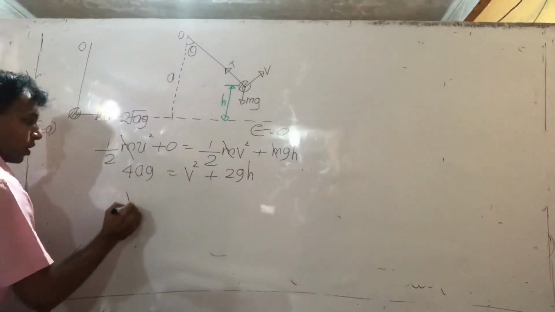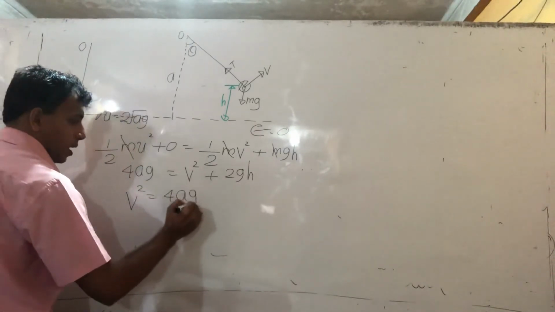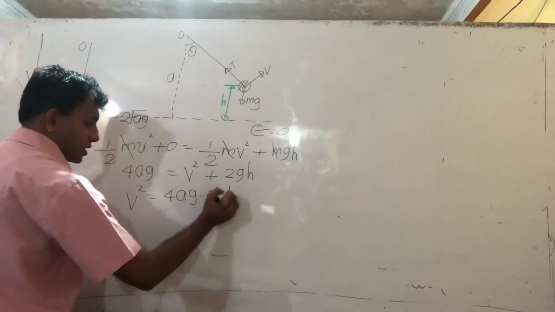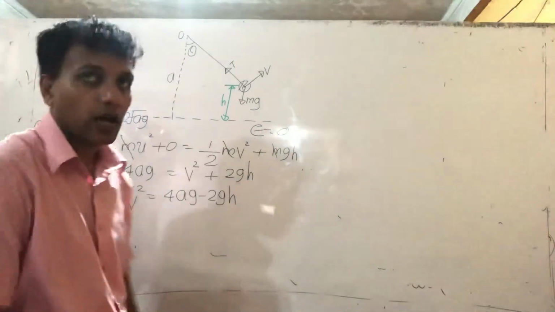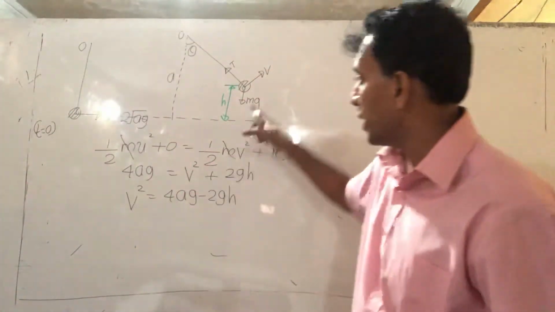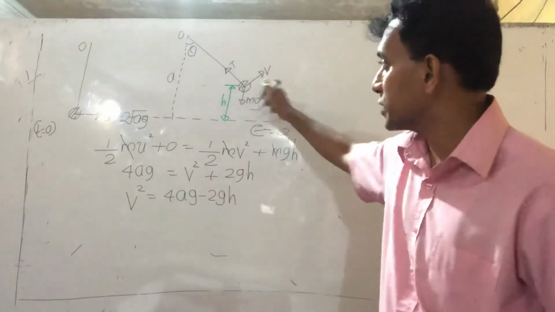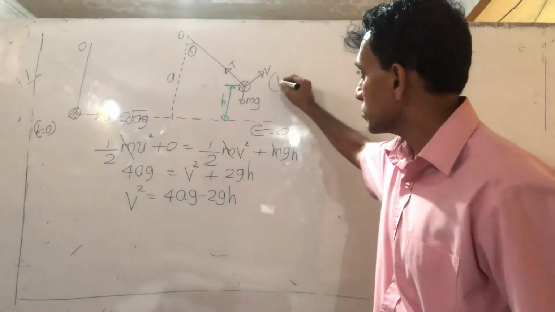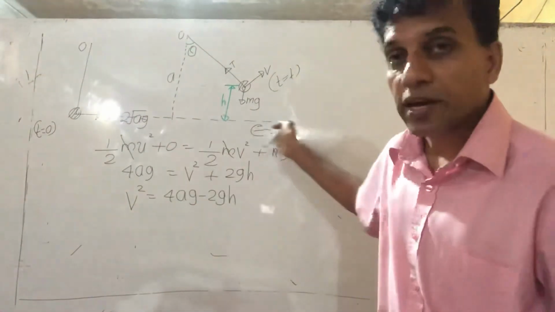Therefore v square equals 4ag minus 2gh, right? This is the velocity of the particle after moving through angle theta, at height h above the ground level. Next, apply F equal ma at this time, along the center, towards the center.